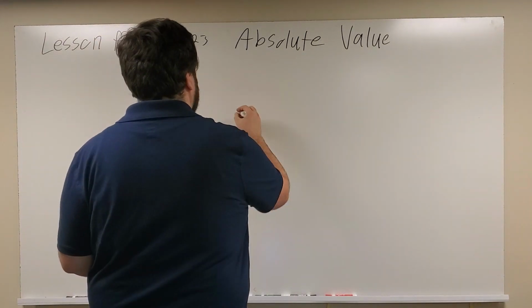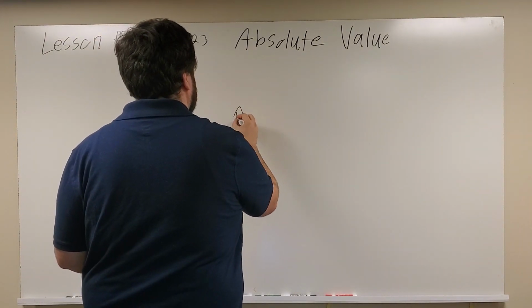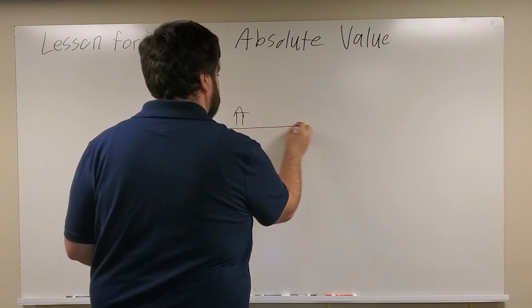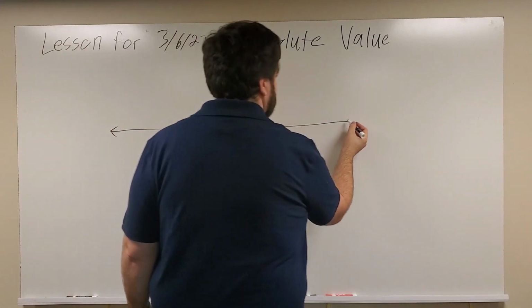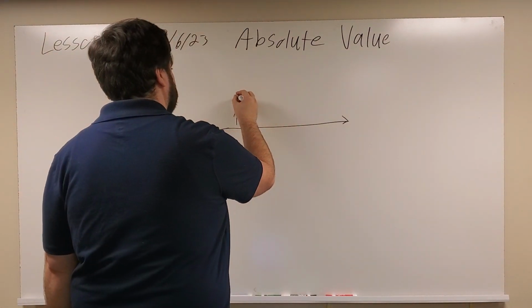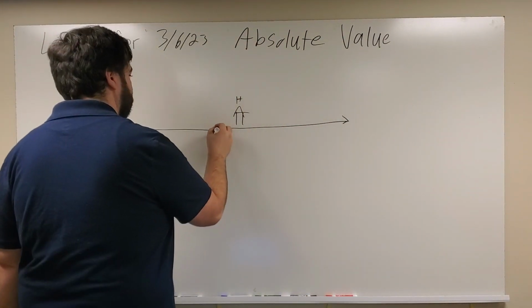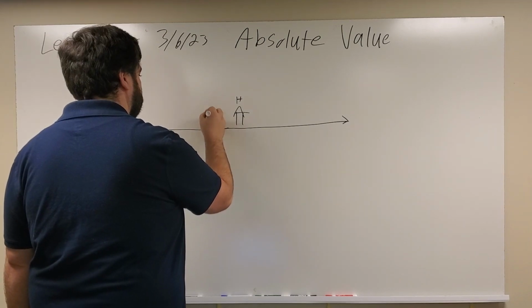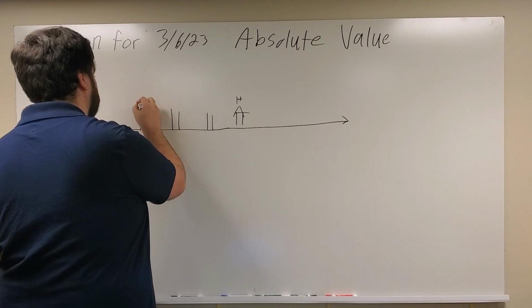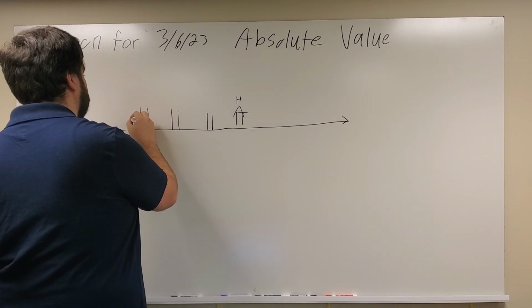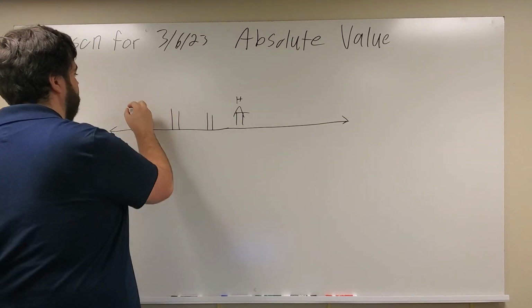So, let's say this is your house. You live here. That's home. Then you've got 1 block, 2 blocks, 3 blocks over here. Then you have a buddy that lives here, Bobby.